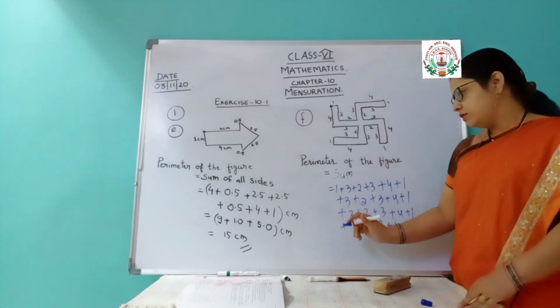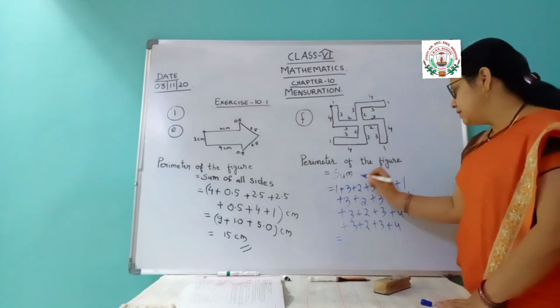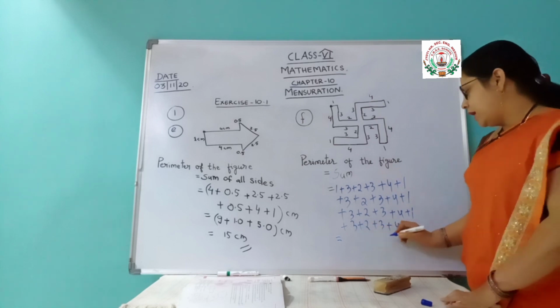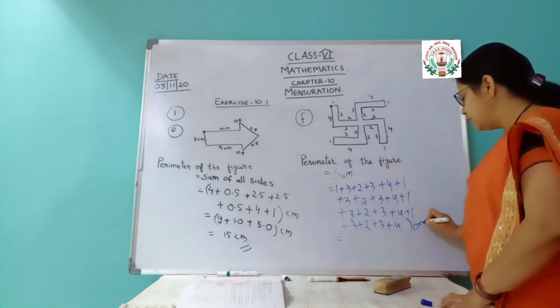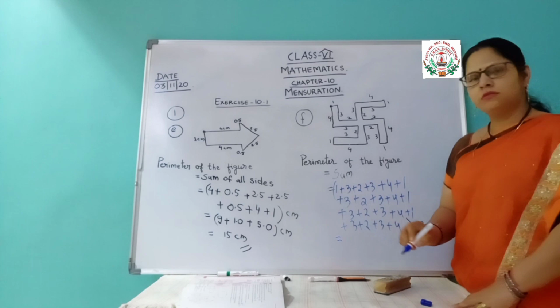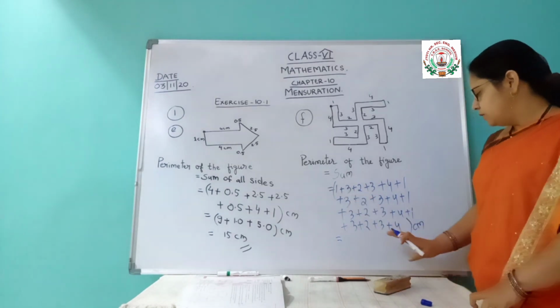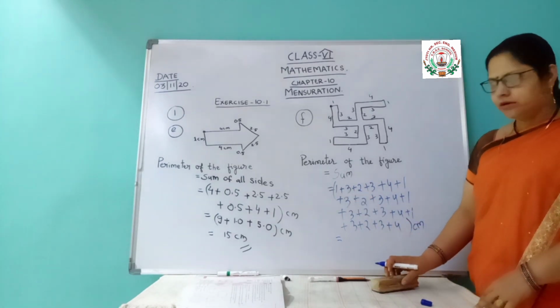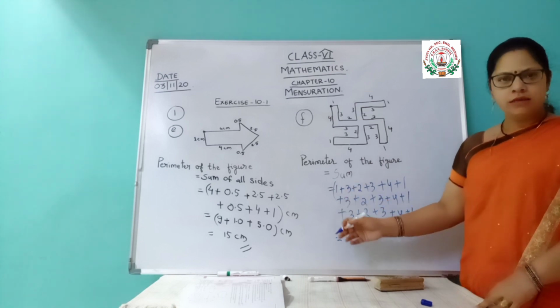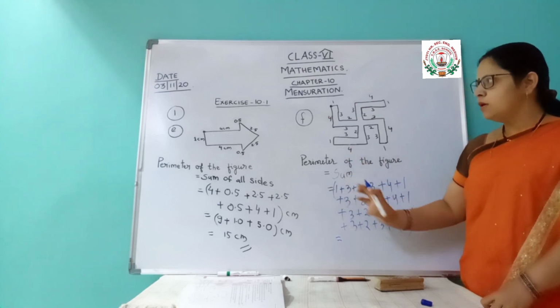So all 20 you got. And just add up all these numbers, and the whole is given in centimeter as in your question in the textbook. So the unit will be the centimeter. Okay, just find out the answer. That will be the answer for perimeter.